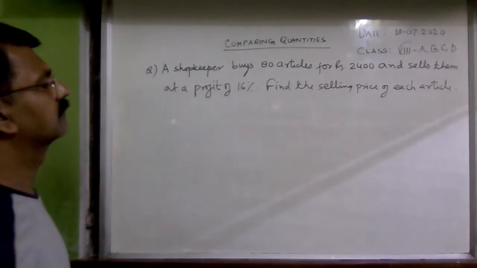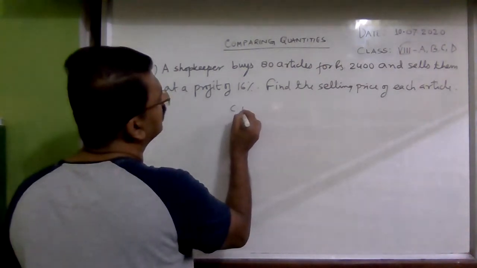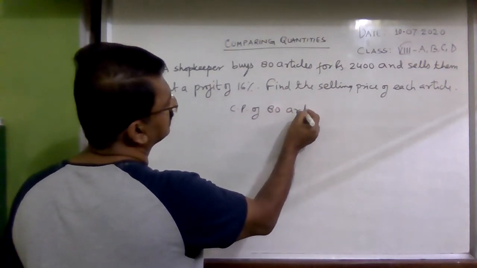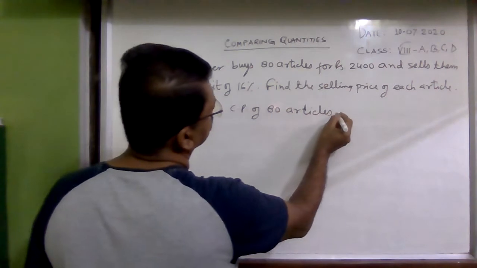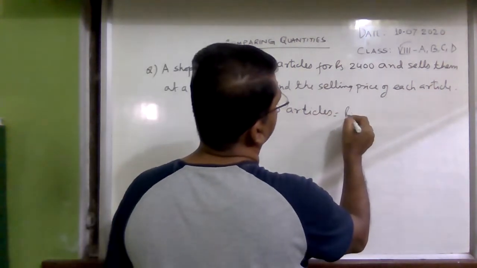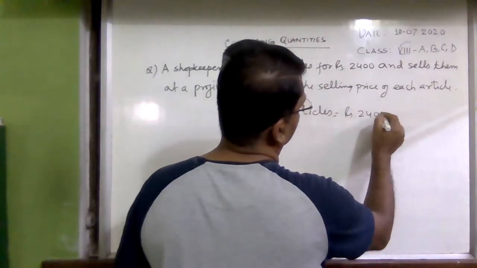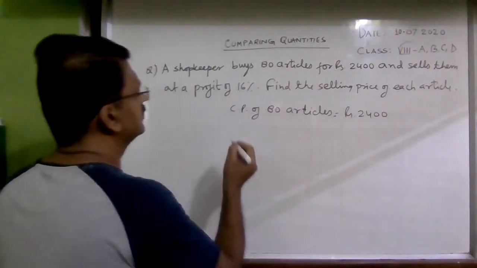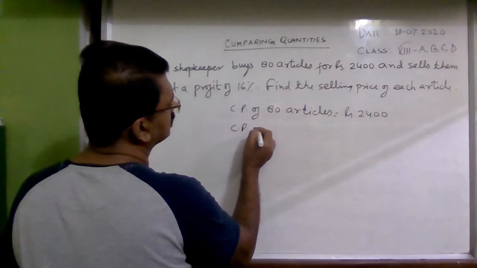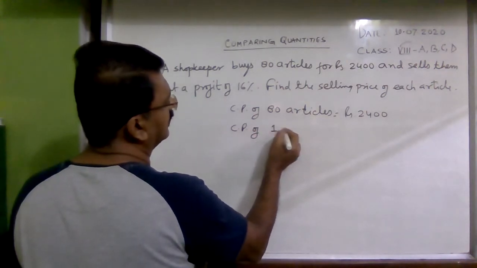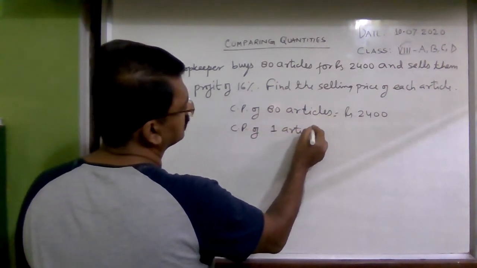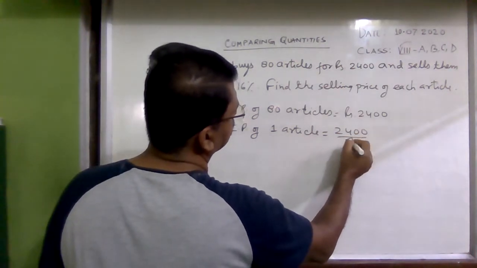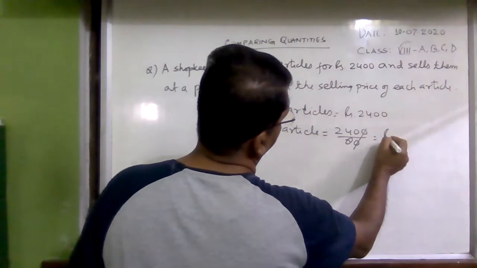Now see, CP of 80 articles is rupees 2400. First of all, you find CP of one article. CP of one article is 2400 upon 80, rupees 30.